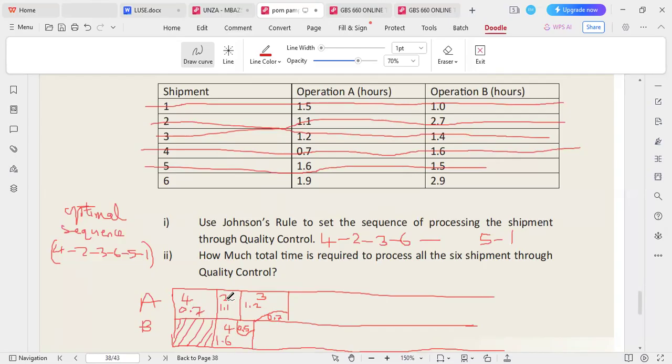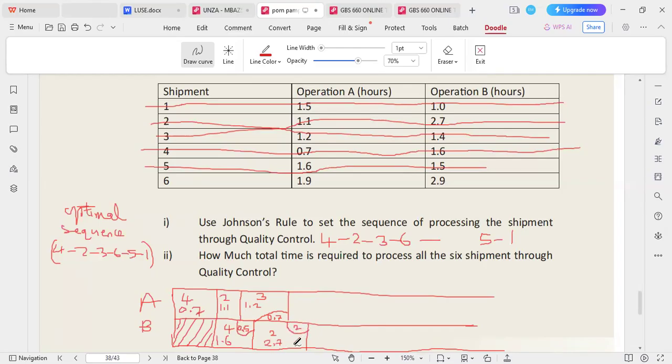Job 2 should be fully completed, and for it to be fully completed, it should also run in operation B. So job 2 in B is 2.7. By the time they finish running job 3, here it is taking 2 hours longer.